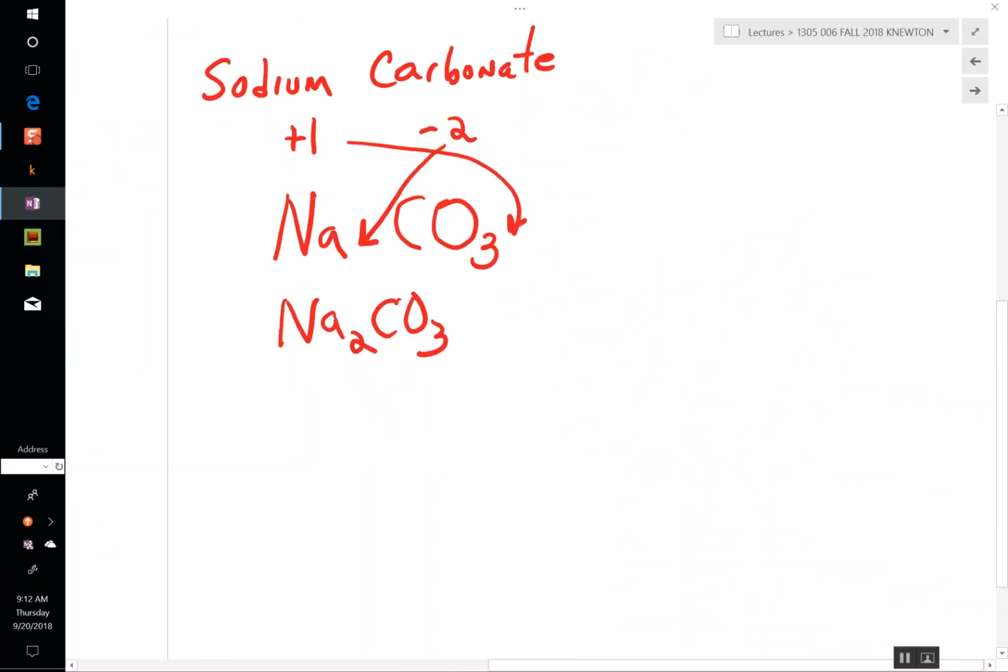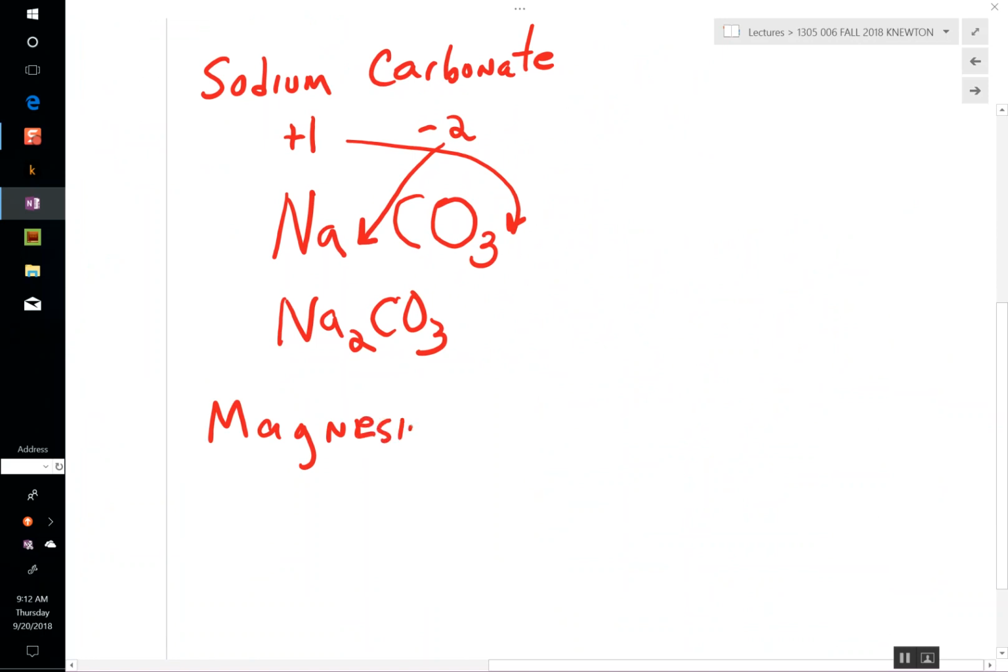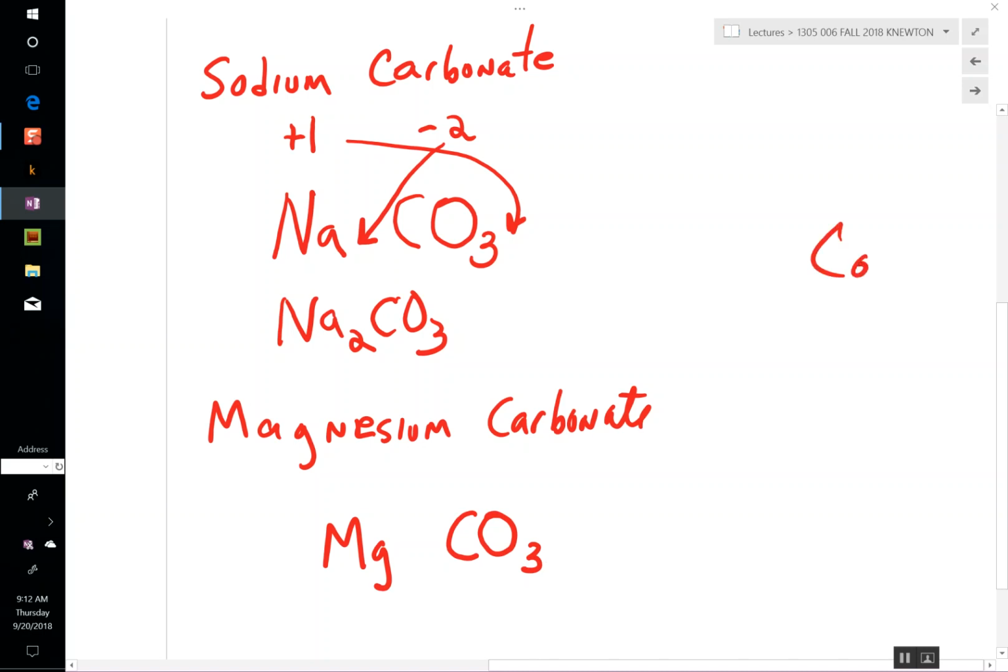Let's pick on carbonates for a little bit. Let's do magnesium carbonate. What is the formula of magnesium carbonate? Okay, magnesium is Mg, carbonate is CO3, and make sure you write a big O. C with a little o is cobalt.